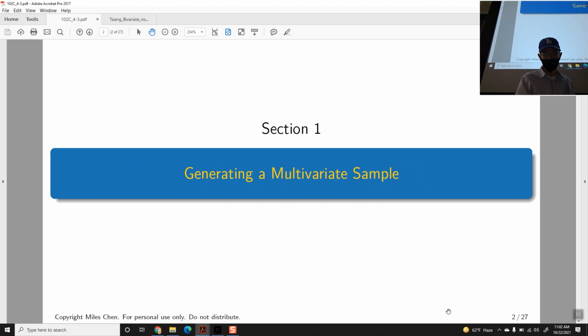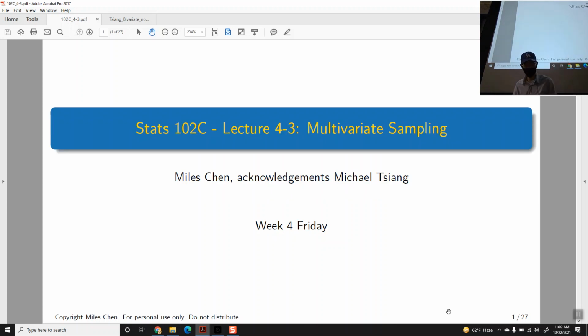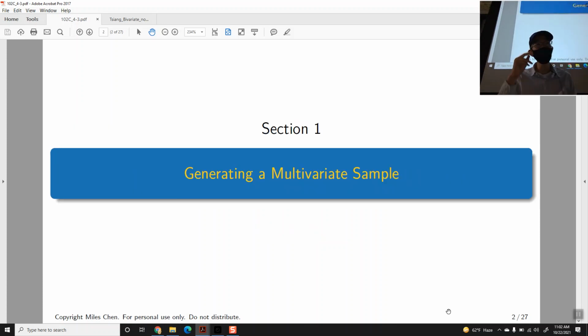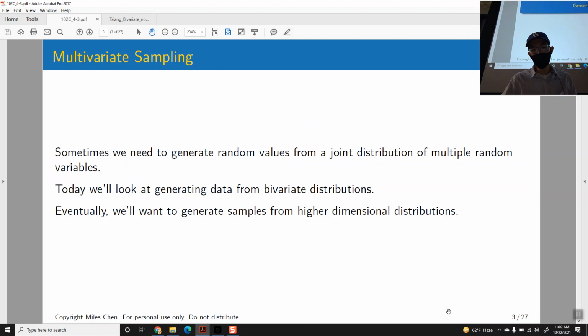Okay. Today's topic, we're going to look at multivariate sampling. We've been talking about generating random samples from different distributions. We had inverse CDF, we had rejection sampling, and today we'll talk about generating a multivariate sample.